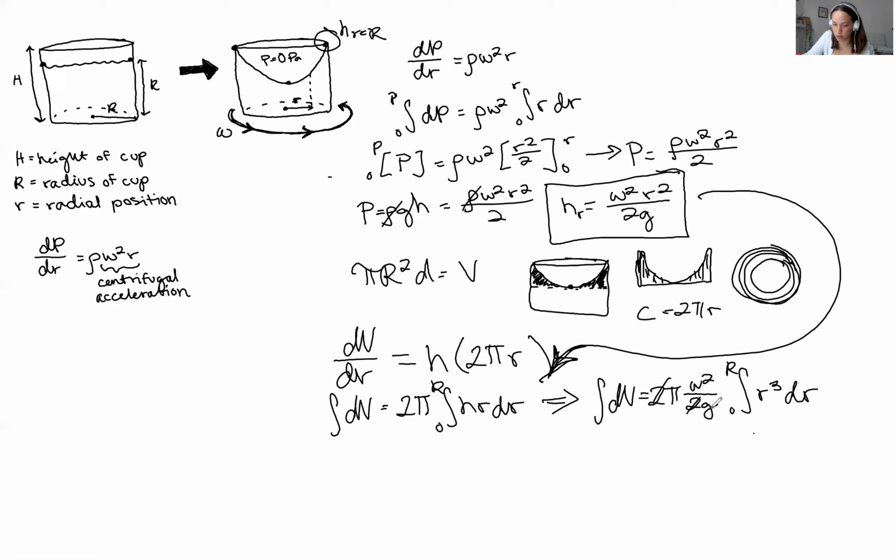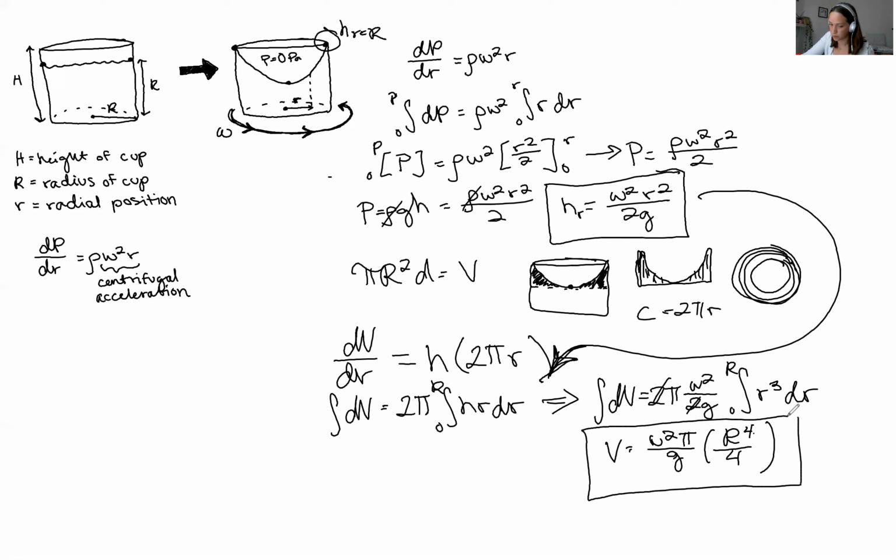And then we can evaluate that to get volume equal to, okay. So now that we have a volume equation of that volume above where the dip line is, we can solve for the dip.